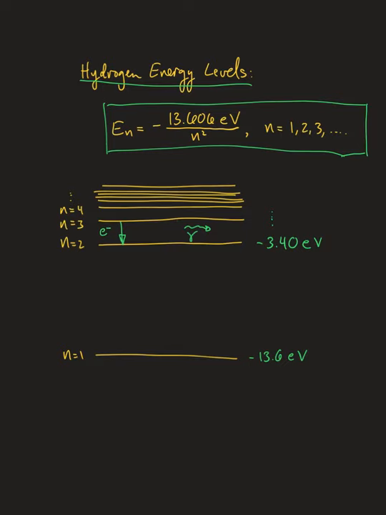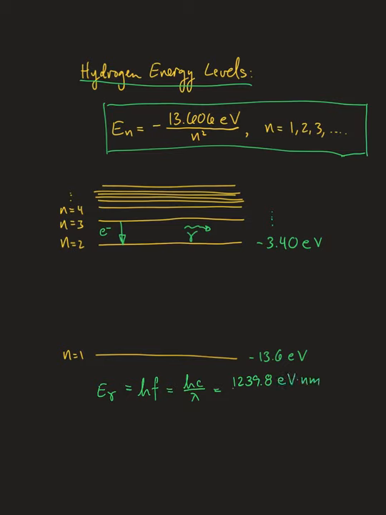So to write that down mathematically, the energy of a photon, which, as we'll see soon in the course, is given by Planck's constant, a fundamental constant of nature, times the frequency, or it's related to the color of the photon. So Planck's constant times the frequency, that can also be written as h times the speed of light over the wavelength, which can also be written as 1239.8 electron volt nanometers.